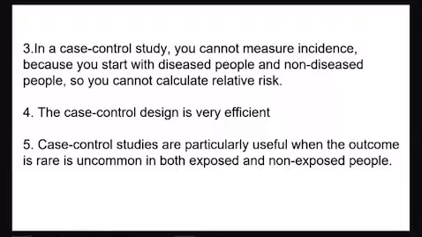When the outcome is rare, you can't use a cohort because you're going to wait forever. Cohorts involve waiting for a long period, particularly if you are focusing on heart attack, which is a rare disease. But a case control study is very, very useful for such.